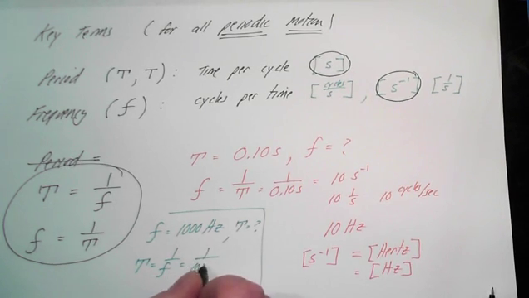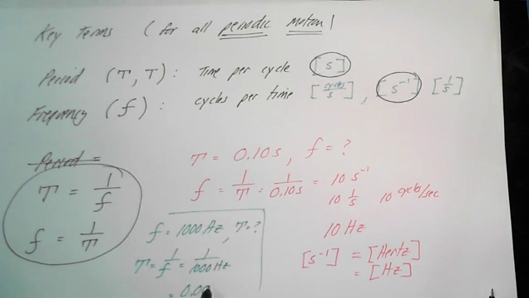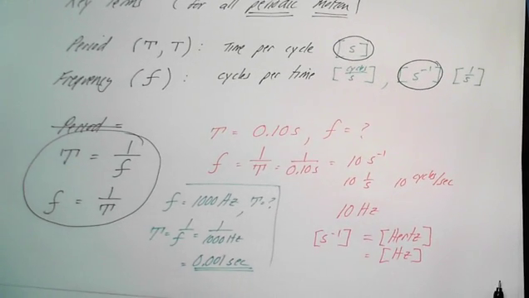This is 1 over 1000 hertz, and 1/1000, I think that's 0.001, I hope. And the inverse of hertz basically is seconds. So it takes only 0.001 seconds, one thousandth of a second, for that periodic motion to complete one cycle.